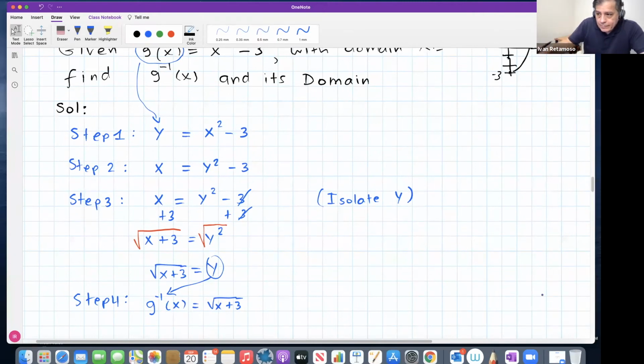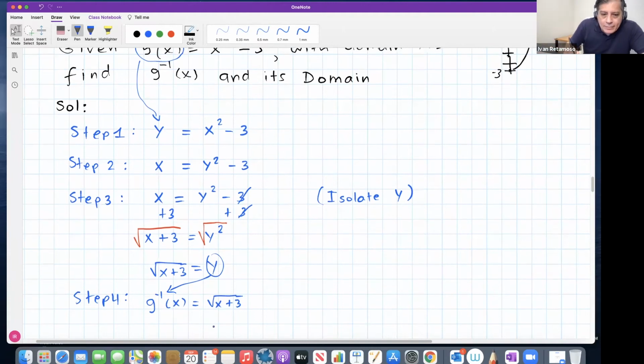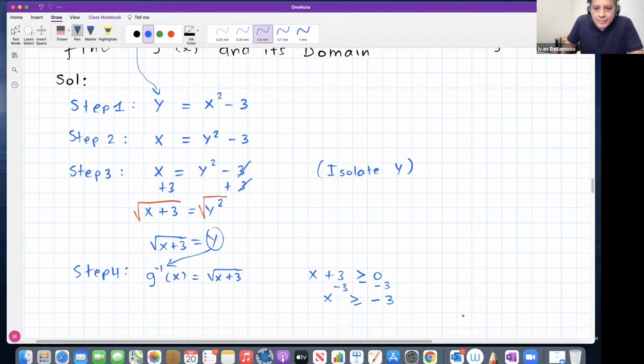Well, notice that for this function to make sense, the inside of the radical, which is called the radicand, must be greater or equal than 0. So this shows that once you subtract 3 in both sides of this inequality, x should be greater or equal than -3.